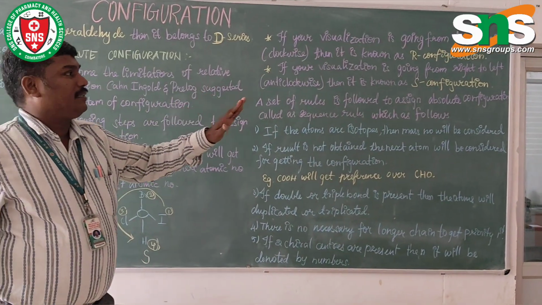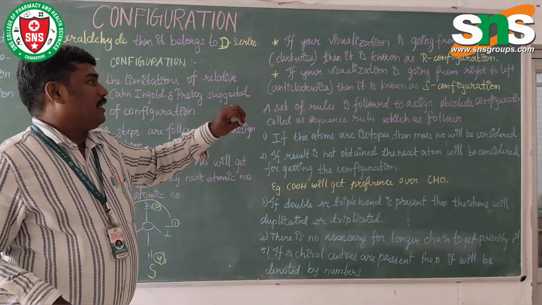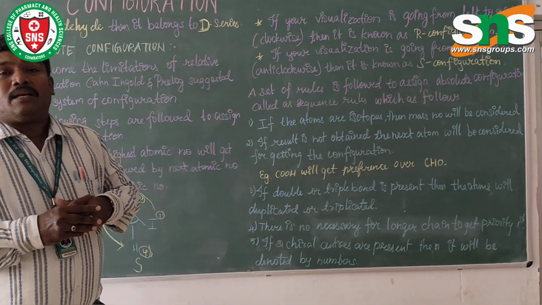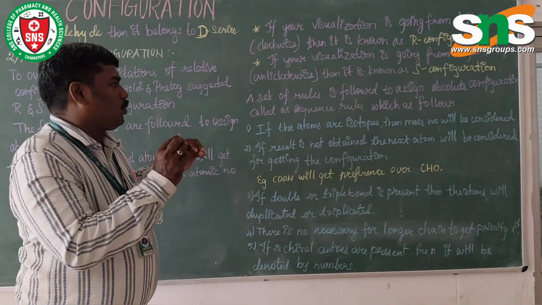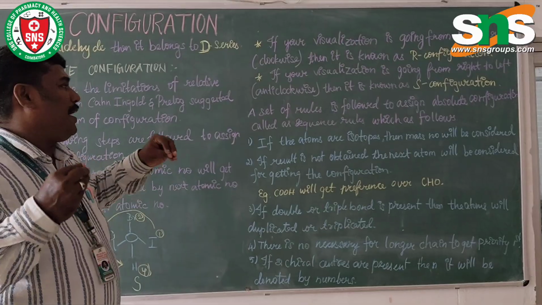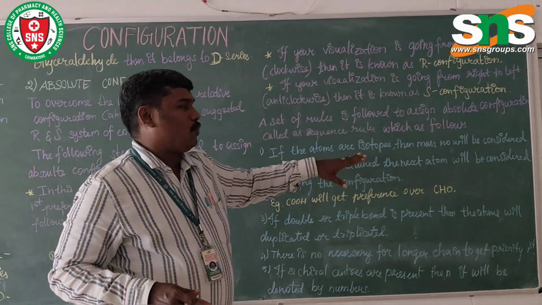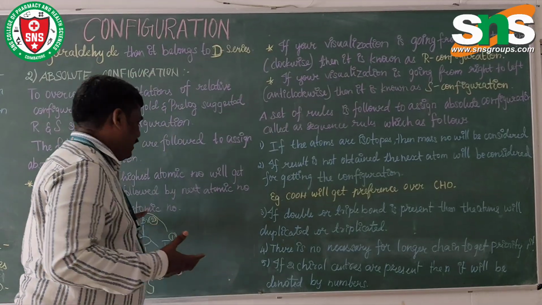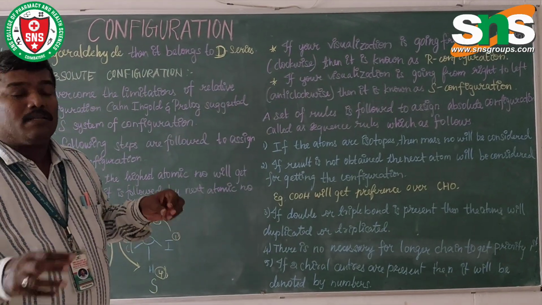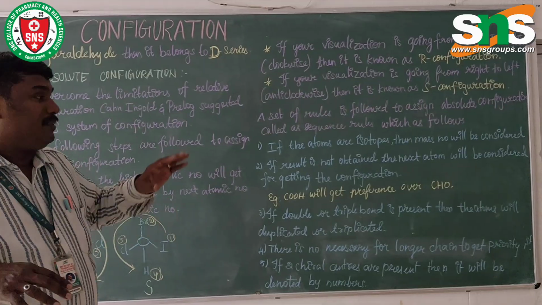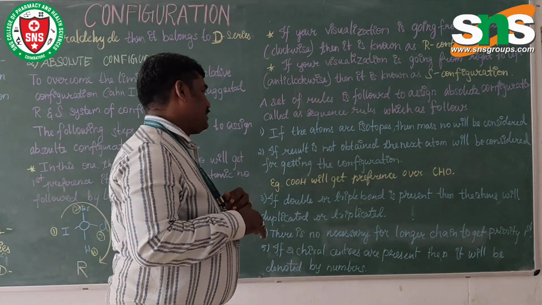For assigning this, we have to follow a set of rules called the sequence rule. We will go through a few points about this sequence rule. If the atoms are isotopes, here we are considering the atomic number, and in isotopes the atomic numbers are the same, so we have to go for the mass number.